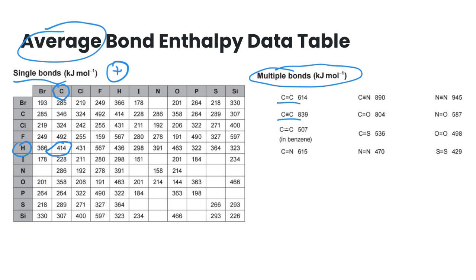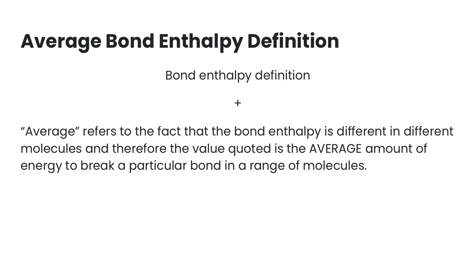Really important to keep in mind that these are averages. So what do I mean by average values, and why is this important to know? Well, the average bond enthalpy has the same definition as bond enthalpy, except the average refers to the fact that the bond enthalpy is different in different molecules. The value quoted is the average amount of energy required to break a particular bond in a range of molecules.